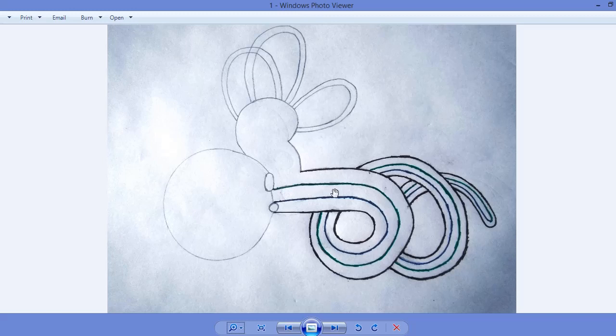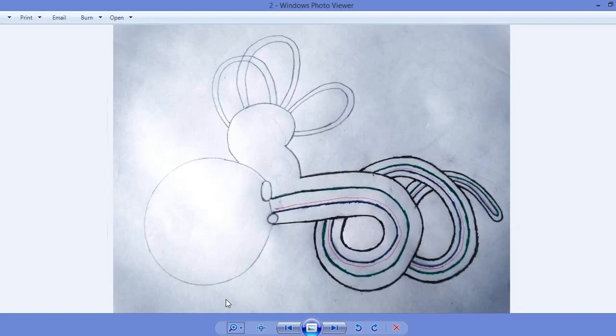While the scala media, the middle duct, contains endolymph. Endolymph has a composition similar to the cerebrospinal fluid, and it is present inside the cochlear duct. The scala media is also called the cochlear duct.